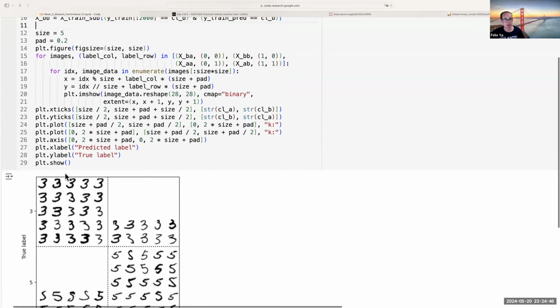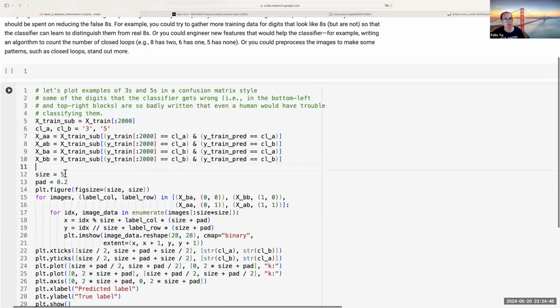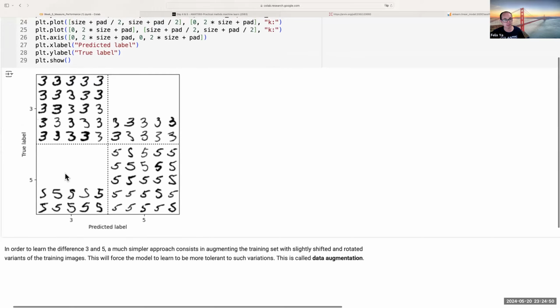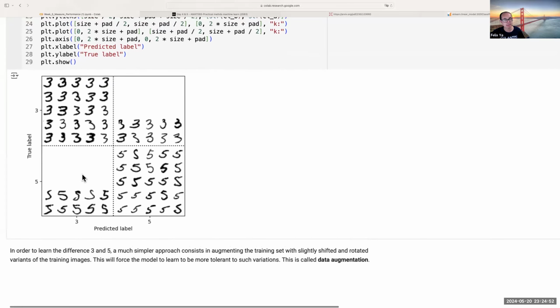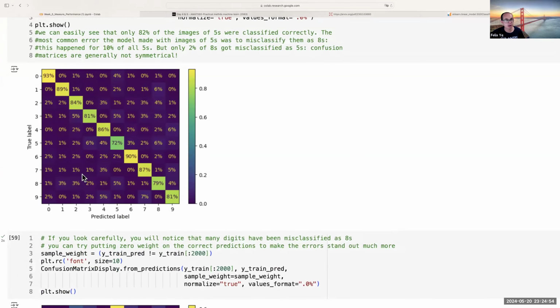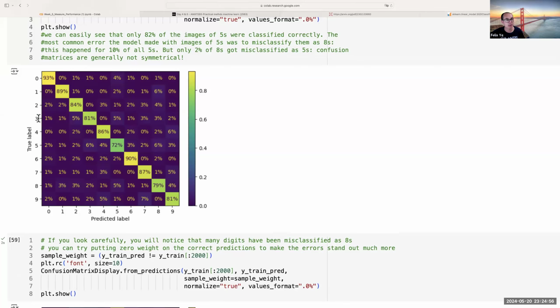So this just gives you an illustration of binary classification problems. Let's just plot 3s and 5s, and you can see right here 3 and 5 is 5%, and 5 and 3 is 6%.